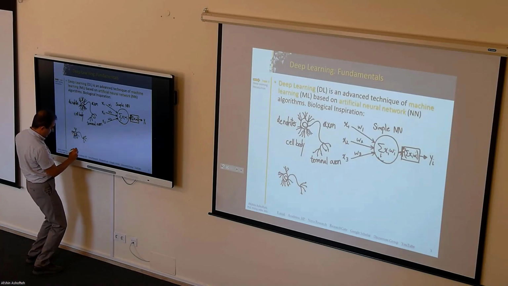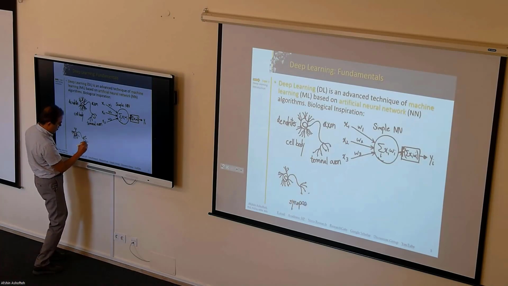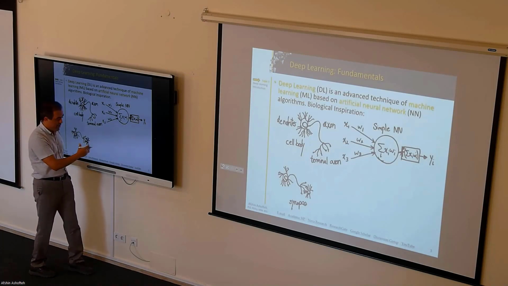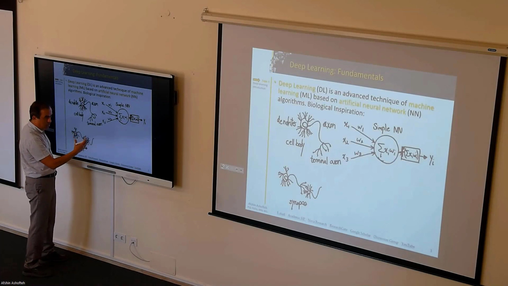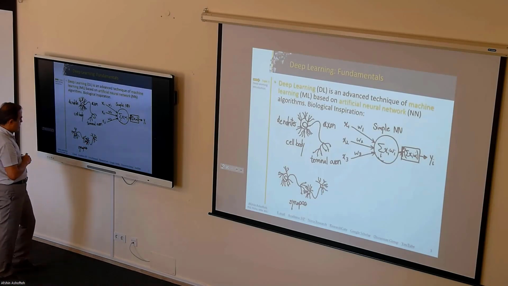And then we can have another one here, connected to the first one, to receive the outputs that we have here as the input for the second one, and then transmit all the information to that.